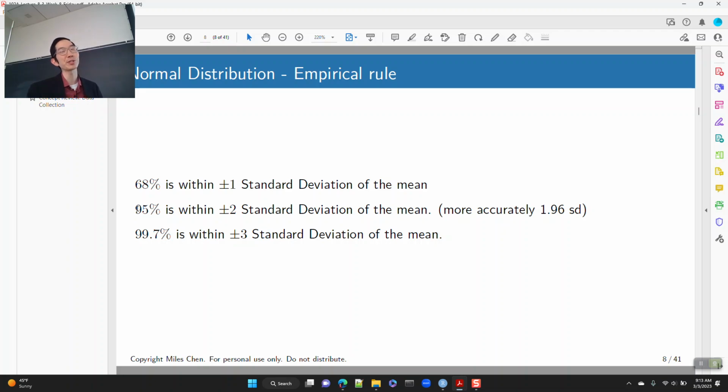So around 2/3, 68%, are within plus or minus 1 standard deviation of the mean. 95% are within plus or minus 2, or more accurately 1.96, standard deviations of the mean. And 99.7% are within plus or minus 3 standard deviations of the mean. So all to say is that if something is more than 2 standard deviations away from the mean, we consider that to be unusual. And if something's more than 3 standard deviations away from the mean, we say that's highly unusual.